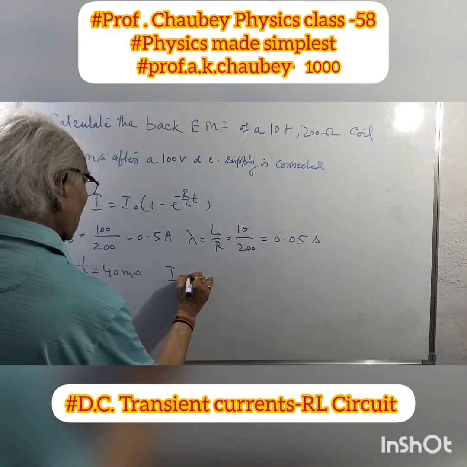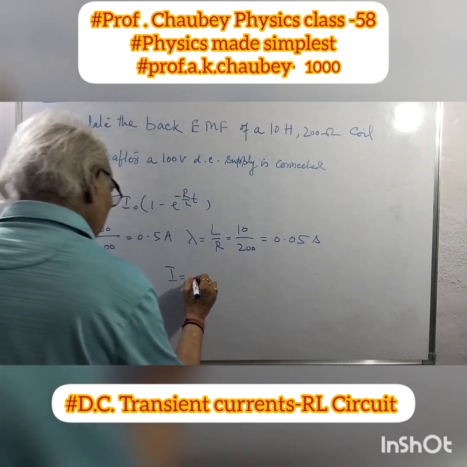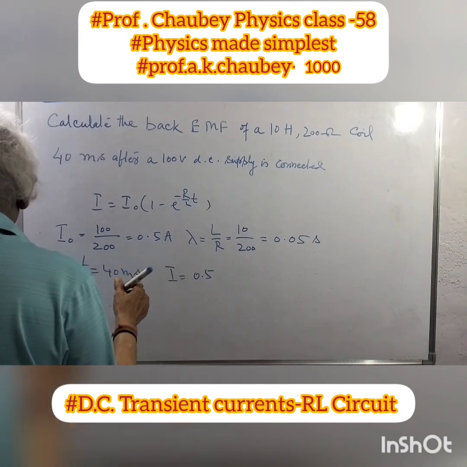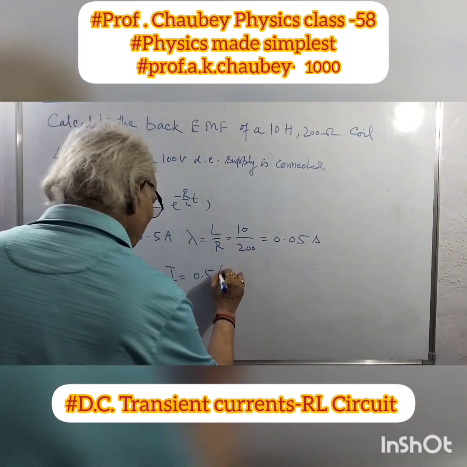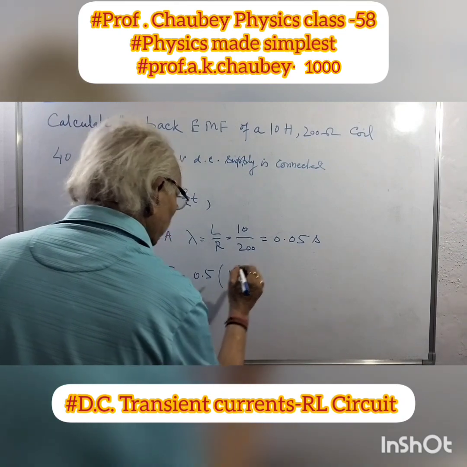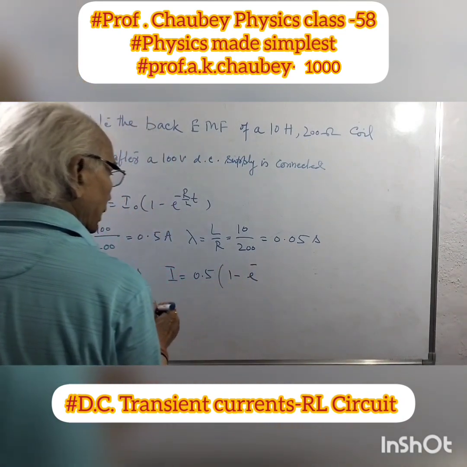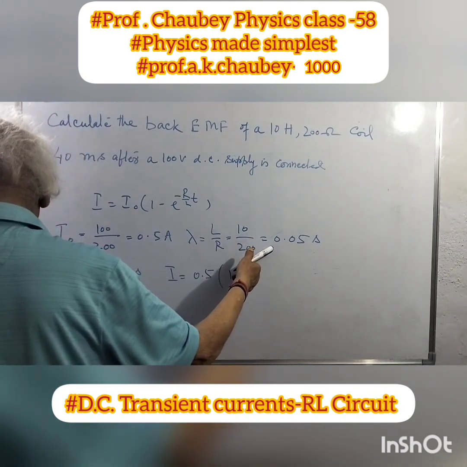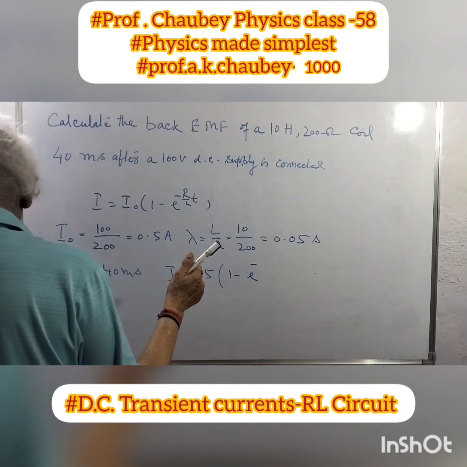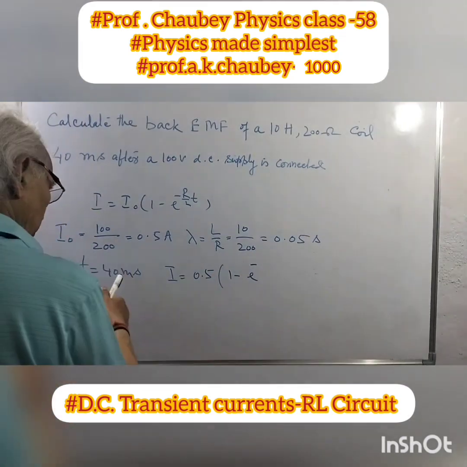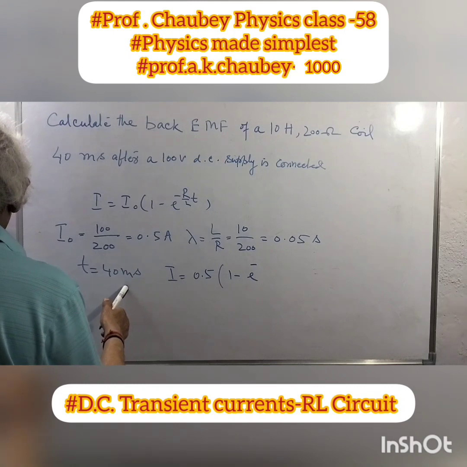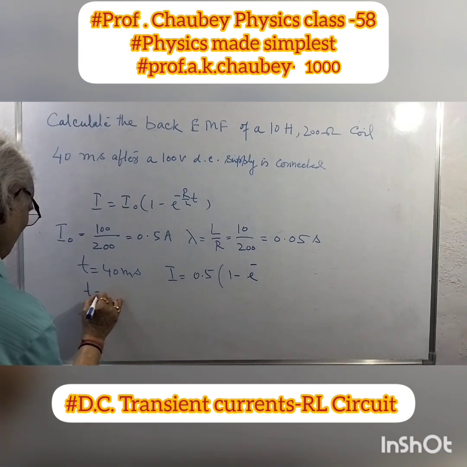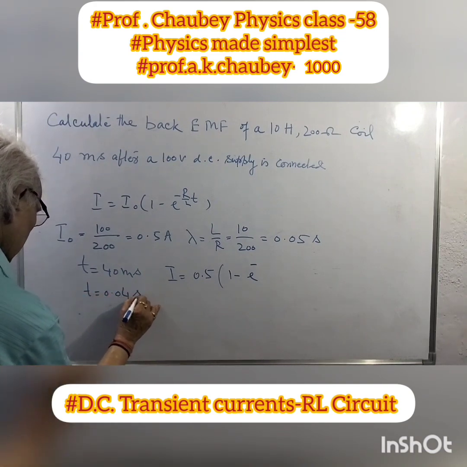I is equal to I naught, that is 0.5, times 1 minus e to the power minus R over L times T. R over L means 1 over 0.05, into T. T is 40 milliseconds, which means T is equal to 0.04 seconds.